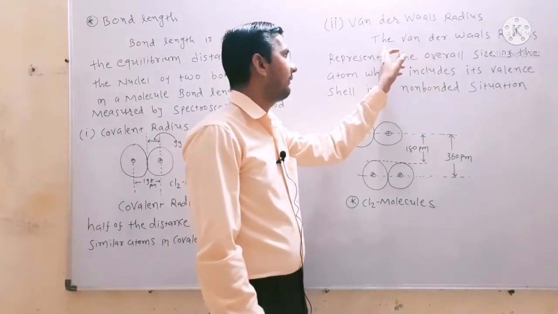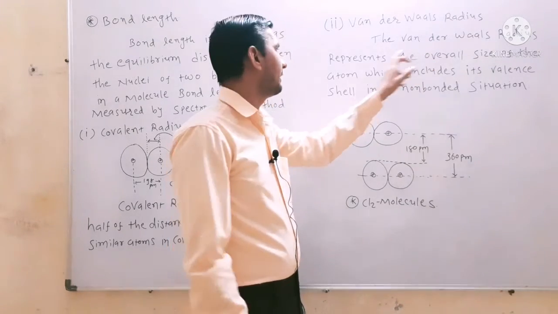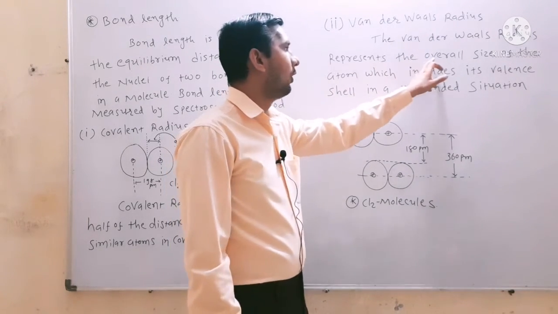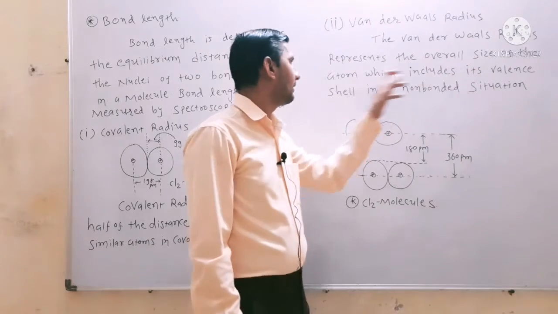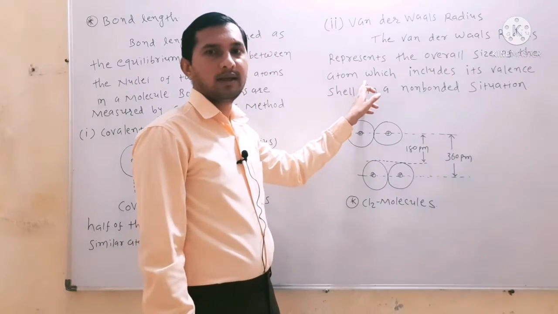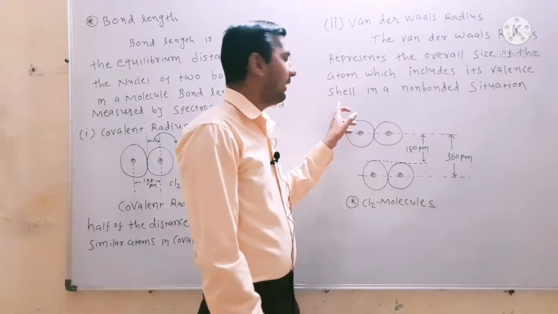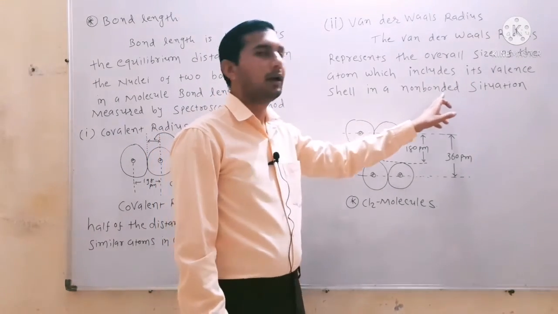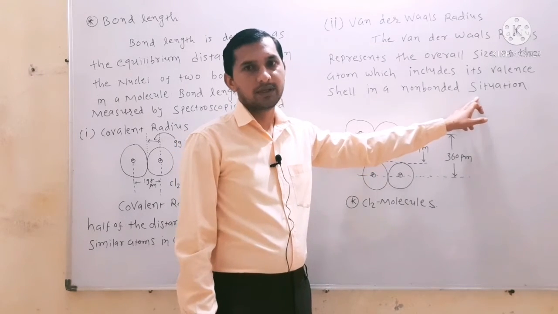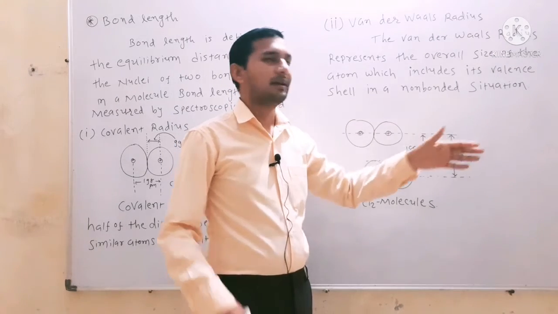The van der Waals radius is defined as the overall size of the atom, which includes its valence shell in a given non-bonded situation. Non-bonded situation means they are isolated.